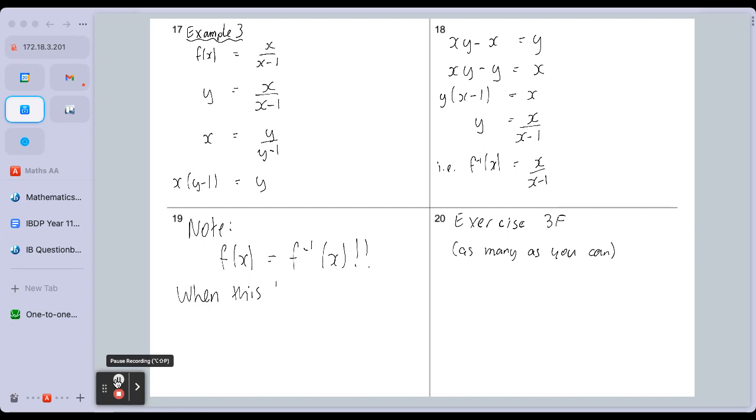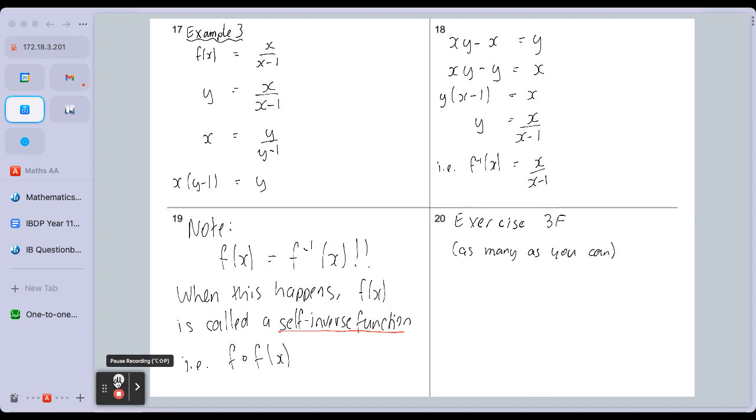When this happens, f of x is called a self-inverse function, i.e. f composed with f of x is equal to x.